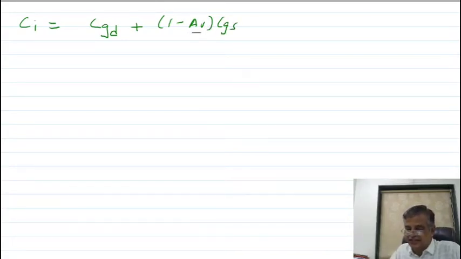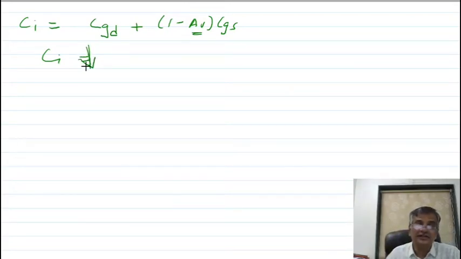Av is less than 1, so your input capacitance decreases. Actually, input capacitance is nothing but the sum of CGD plus CGS, but since Av is less than 1, you can write that the input capacitance decreases.